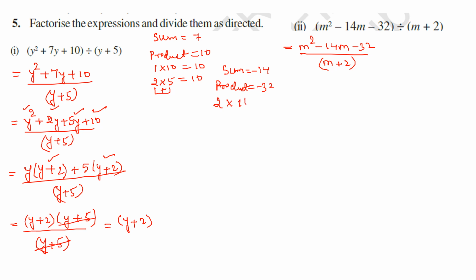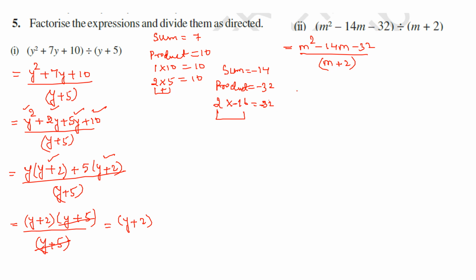But here it is minus 32. It means either 2 or 16, any one number I have to make negative. But the sum is minus 14. And when will the sum be minus 14? When the bigger number is having the negative sign. Now when I add 2 and minus 16, I will get minus 14, isn't it?